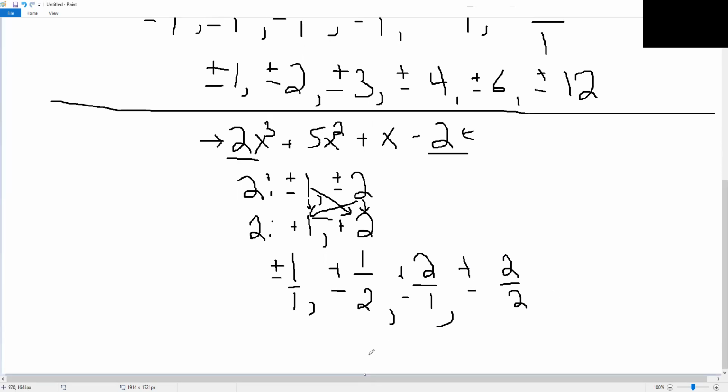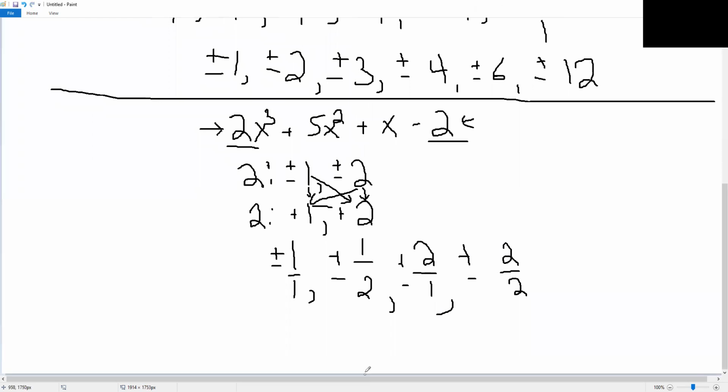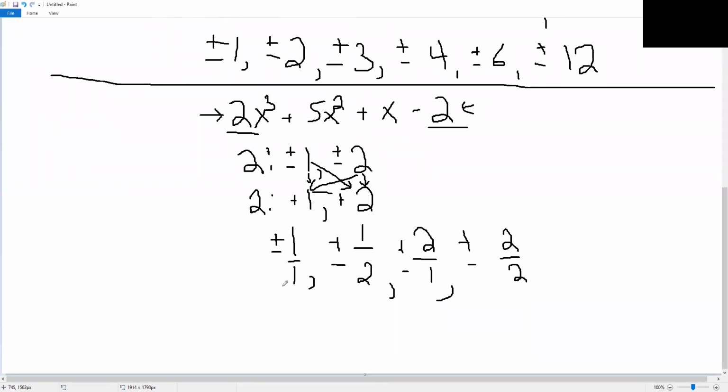There is a good way we can simplify this. 1 over 1 is just 1 plus or minus 1. 1 over 2, I can't really simplify that, so 1 over 2. 2 over 1 is just 2. And 2 over 2 is 1.